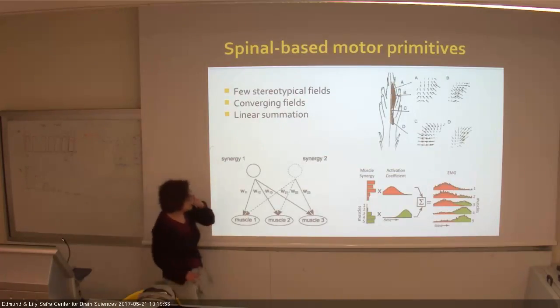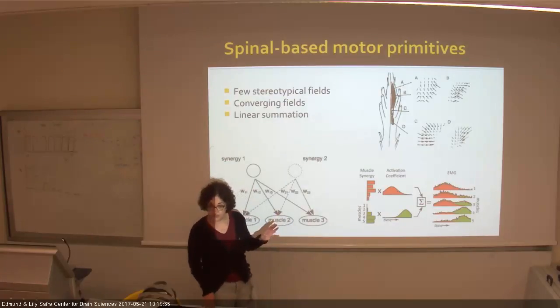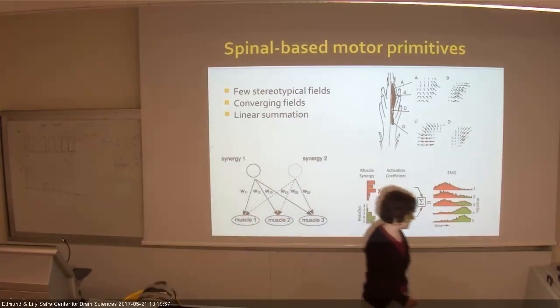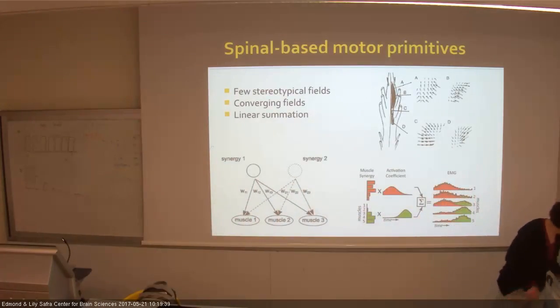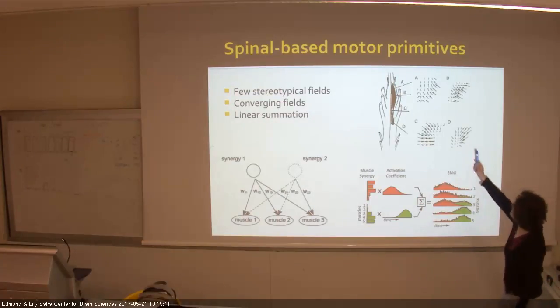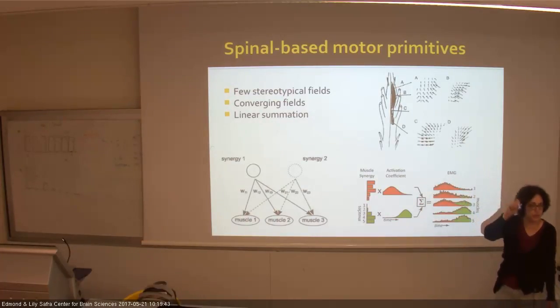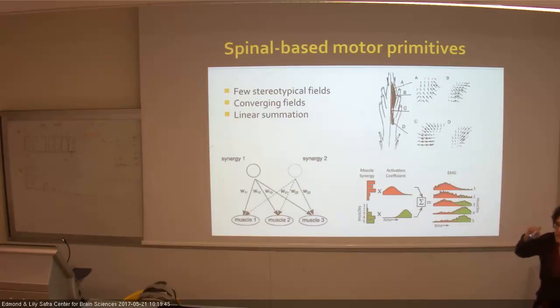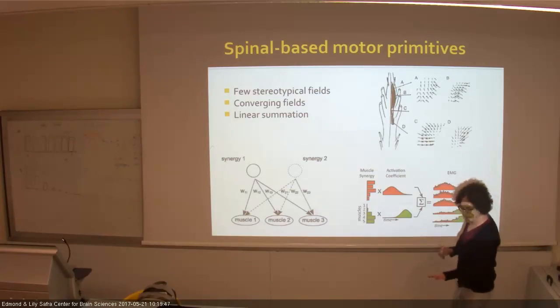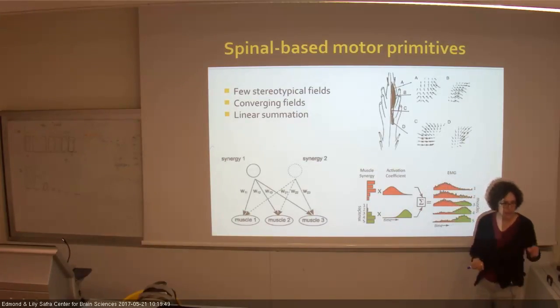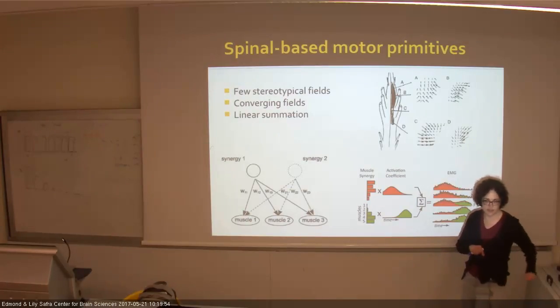So there was a study in the frog, right, by Bizzi and colleagues. What they did is they stimulated at different sites in the spinal cord while the frog's leg was anchored at different locations in space.